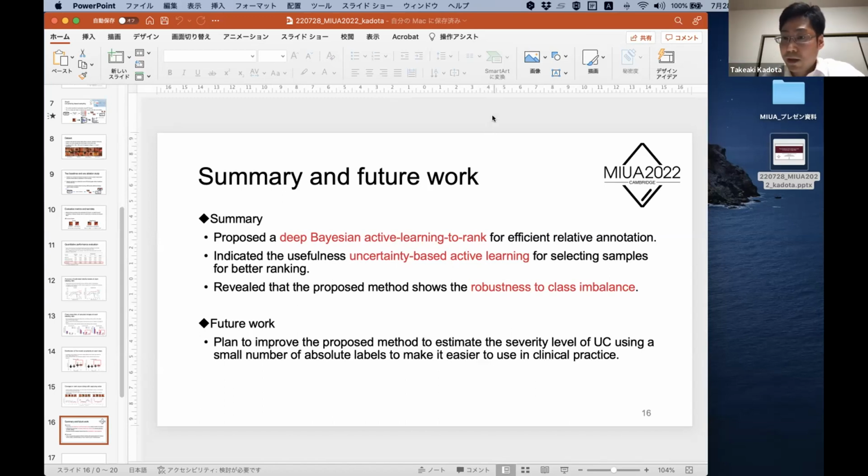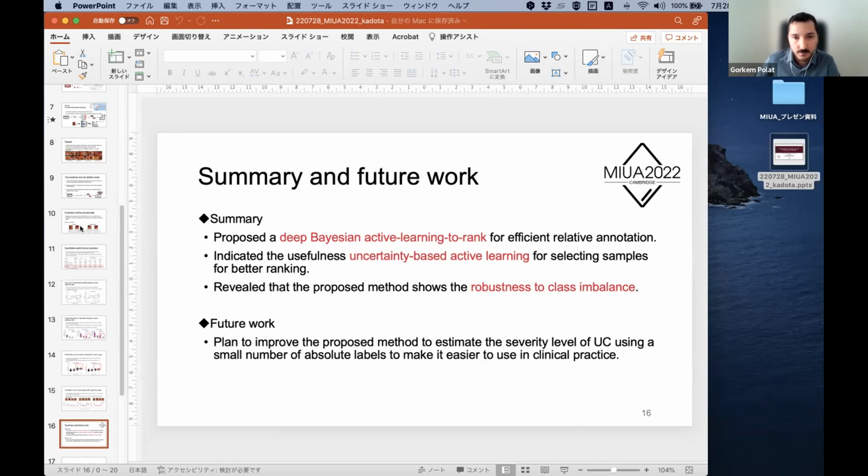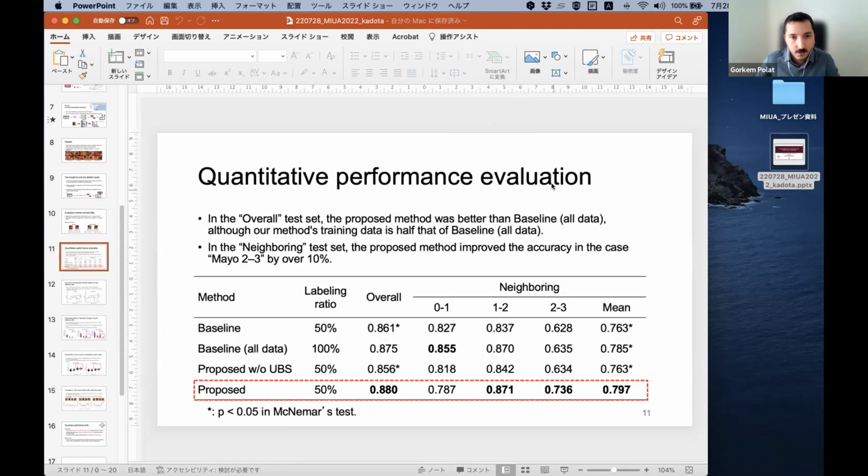Sorry, I can't understand. Can you come to slide 11? Okay. I see that your main performance metric is the accuracy, right? I mean, these numbers represent the accuracies. This accuracy is the disease order of pairs.